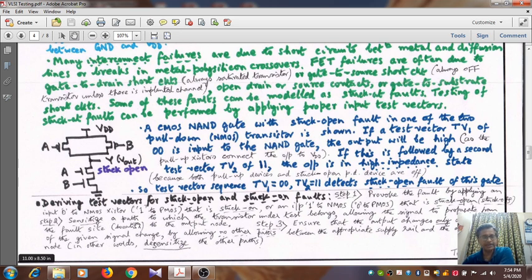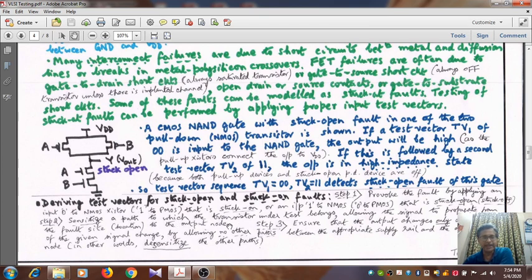Step 2 is what? See, in general there can be multiple paths from inputs to the output. Sensitize the path to which the transistor under test belongs. Sensitize means that from the fault location or the fault site to the output node there can be a long path, and there can be other paths also. So what you do, sensitize the path so that the effect of the fault can be felt at the primary output, so that the fault can propagate right up to the output node, because you can observe only the output node.